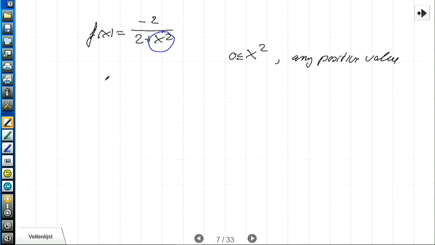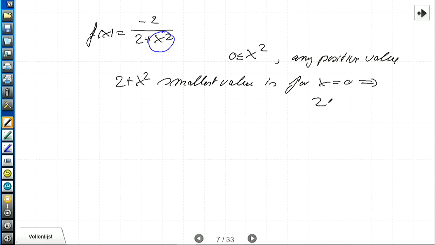If you look at f of x, the smallest value you can have is for x equals 0, because what is out there, you divide it by 2.